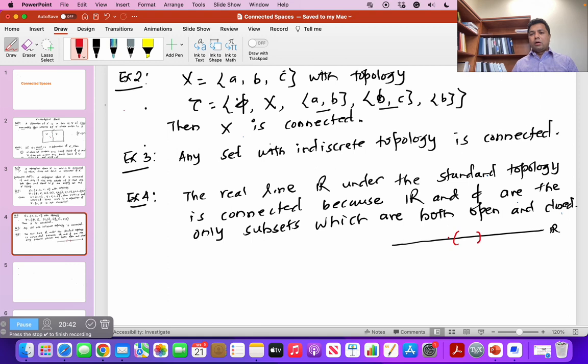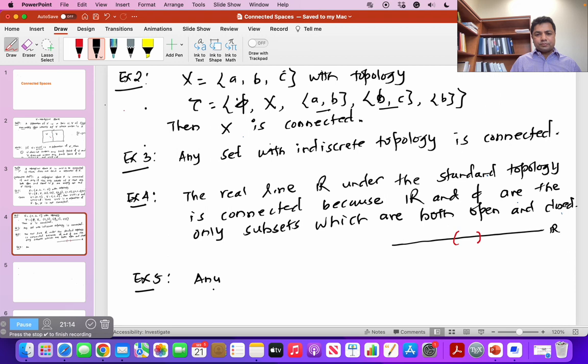So they are only open sets. That's why the only both open and closed sets in R under the standard topology are the empty set and the whole set R. That's why R is connected. And this is one of the popular examples of a connected space in topology. Now let me give you one more example.